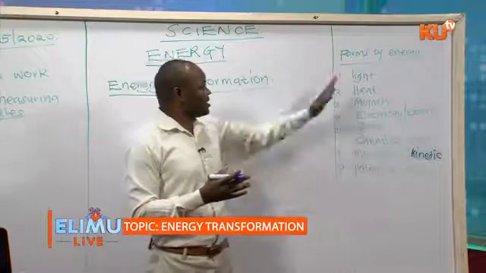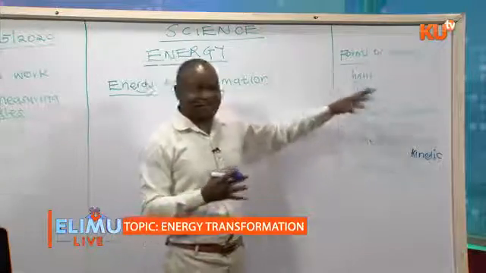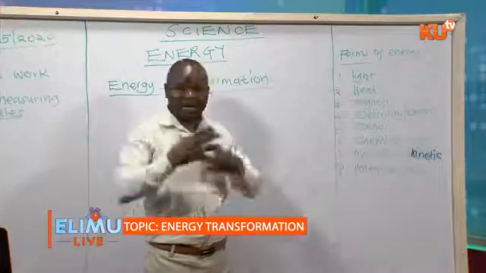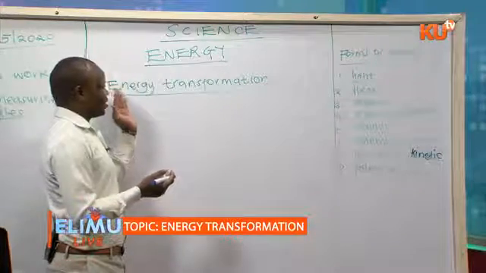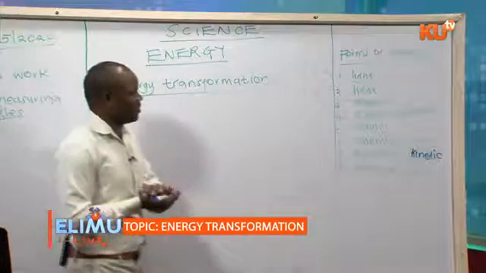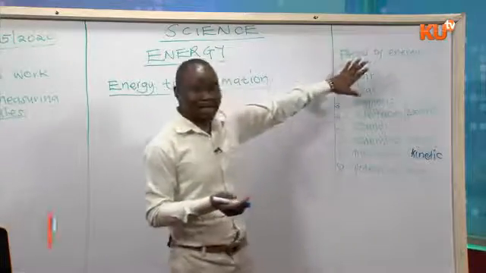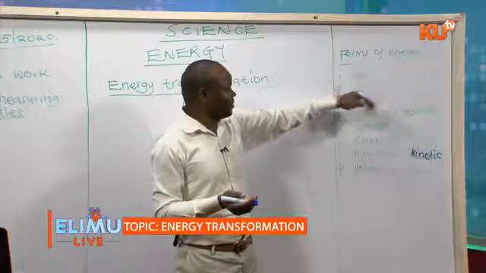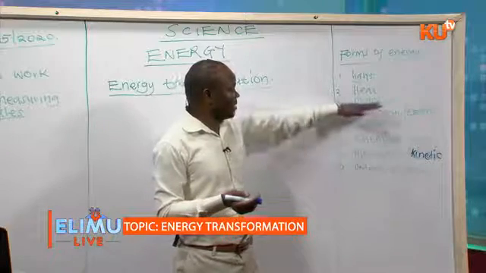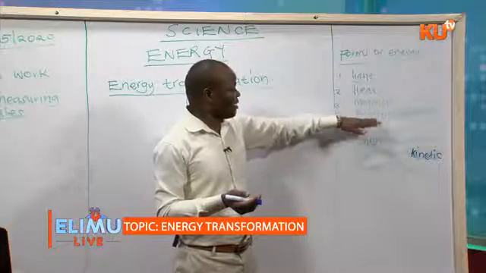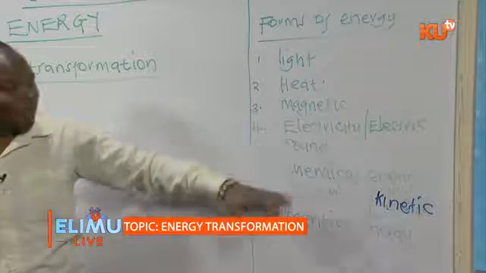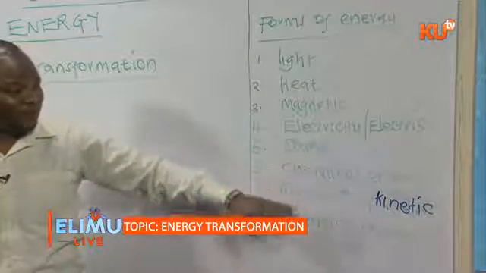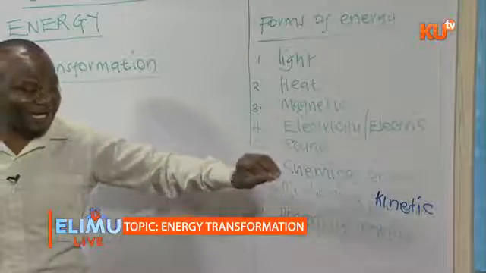So these are the energies we are going to discuss today. How will this energy, maybe light, be transformed into another energy? That is what we are going to discuss about energy transformation. So the forms of energy we have are light, heat, magnetic, electric, sound, chemical, and mechanical or kinetic energy.